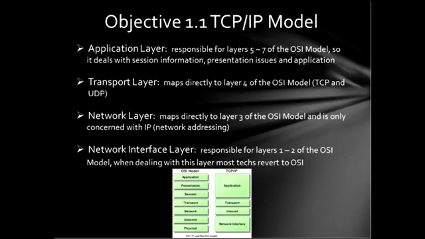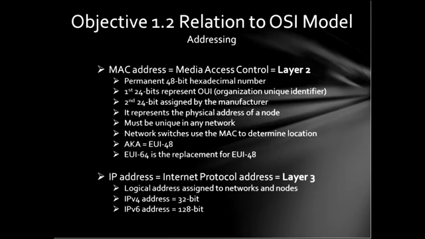As far as being a network technician, I've never tried to explain something to somebody using the TCP/IP model. I always end up going back to the OSI model because it's a little bit easier for most laymen to understand. And it's easier to pinpoint issues. When you're looking for a physical issue, you look at the physical layer.